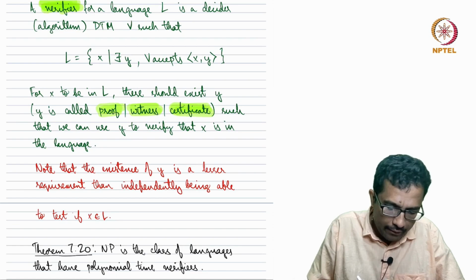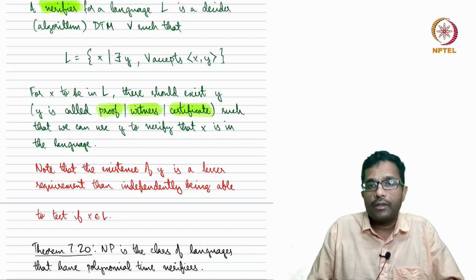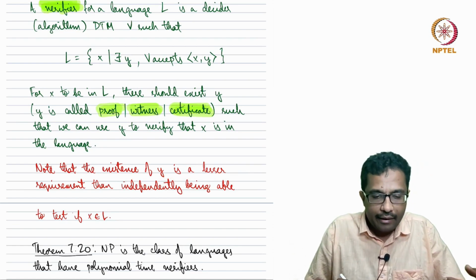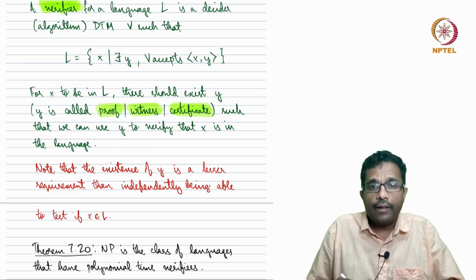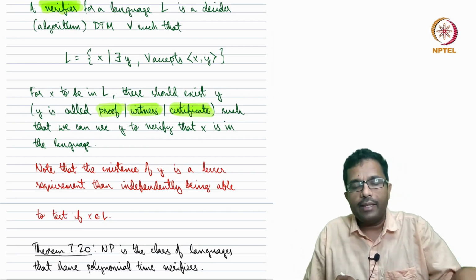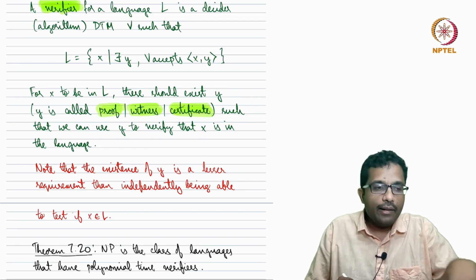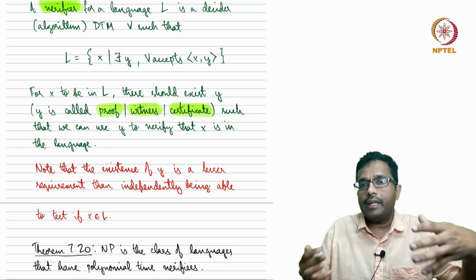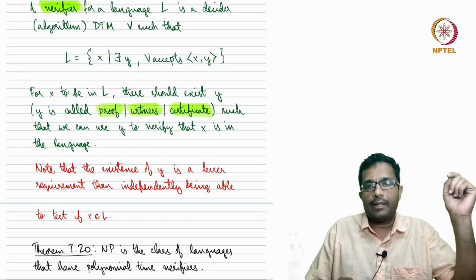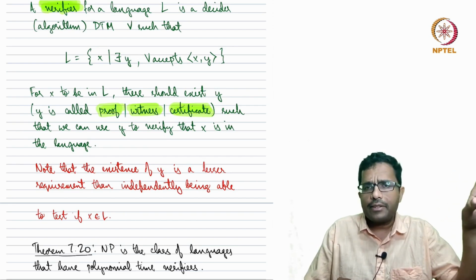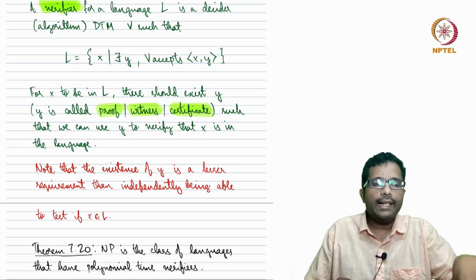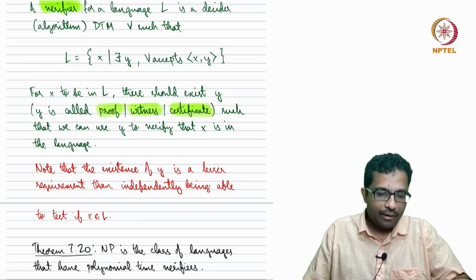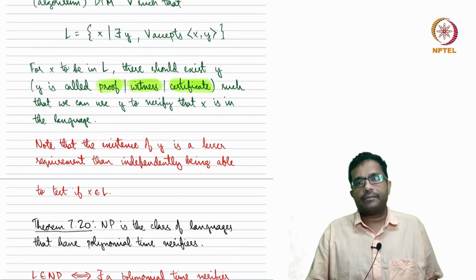So the existence of a Y, which is the existence of a proof, and the requirement to verify that X is in the language with Y is much simpler than testing, without being given anything, whether X is in the language, right? Verification of X being in the language with the help of Y is much simpler, right? So that is the situation.